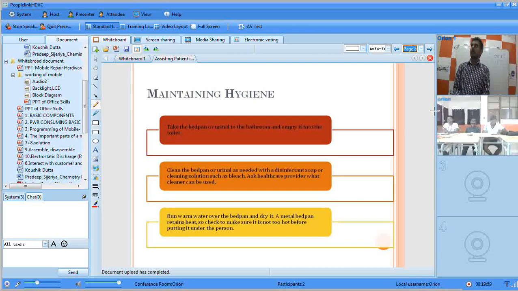So whether you are using it again for that patient or for a different patient, you need to check whether the bedpan is still warm or comfortable for that particular person or not.